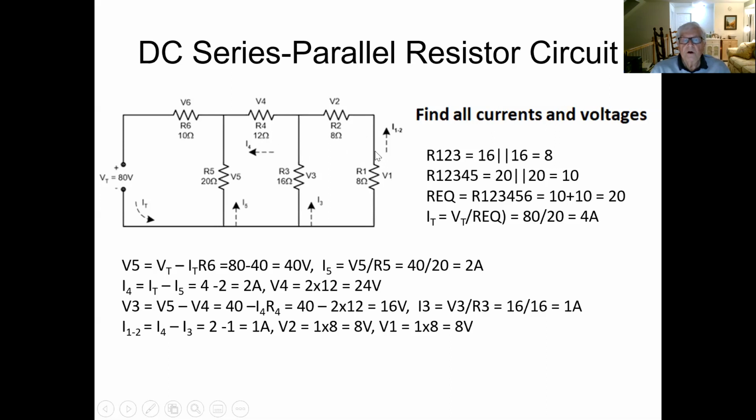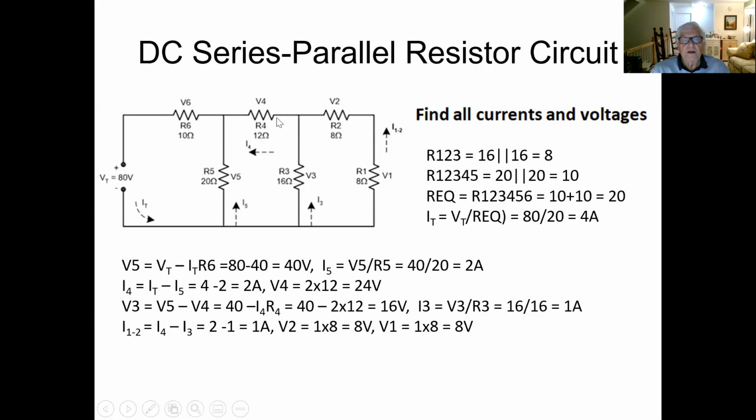So 16 ohms is parallel to 16 ohms. If 16 ohms is parallel to 16 ohms, the equivalent is half of 16, or 8 ohms. So this portion of the circuit becomes a resistor of 8 ohms. Imagine 8 ohms going down from R4 down to here.